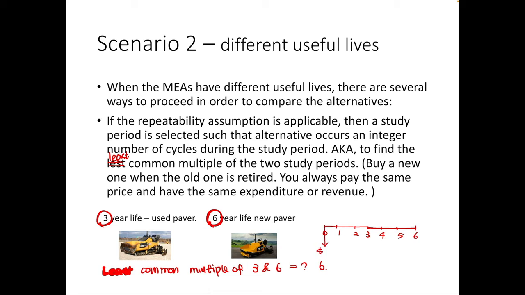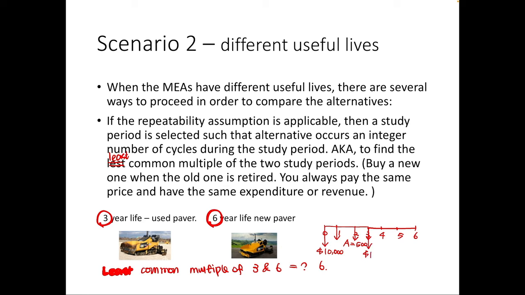For example, if at the beginning you pay 10,000 for this paver, and the maintenance fee is maybe an annuity of 500 every year, and then after the 3 years you're going to pay the same amount for another used paver.